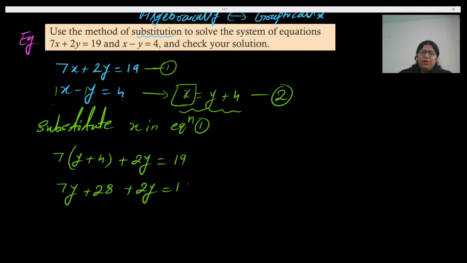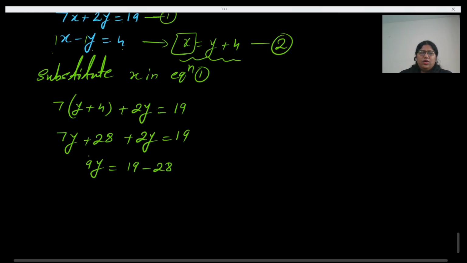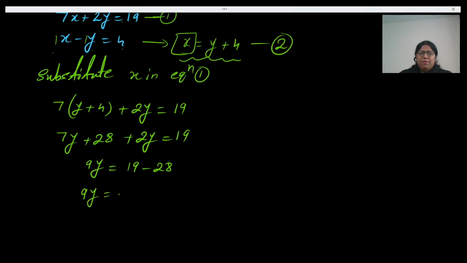Simplify this, you will get 9y is going to be 19 minus 28. So 9y will be minus 9, y will be minus 1. So I'm getting a unique value of y, which is minus 1.